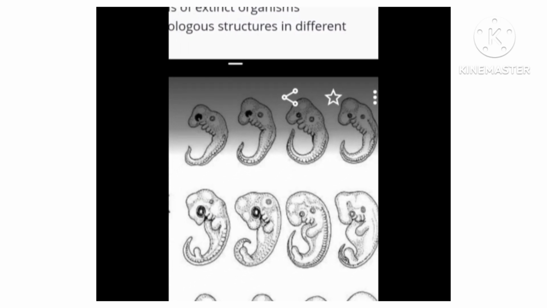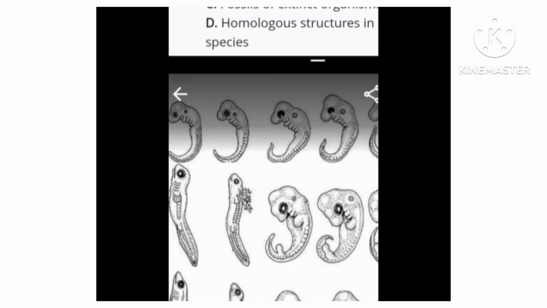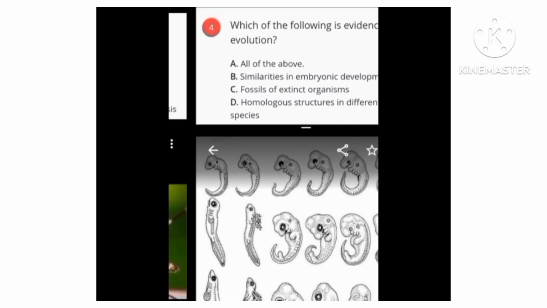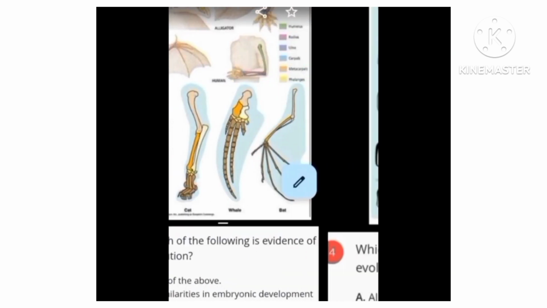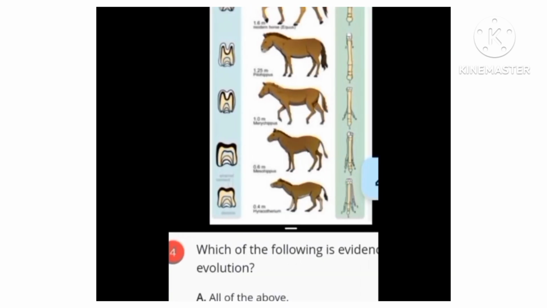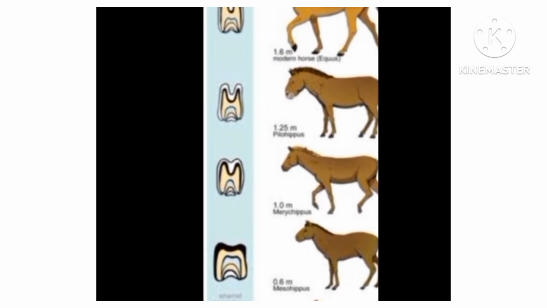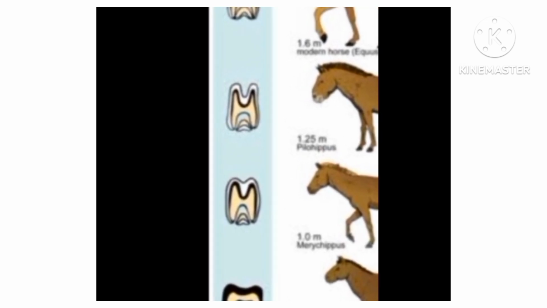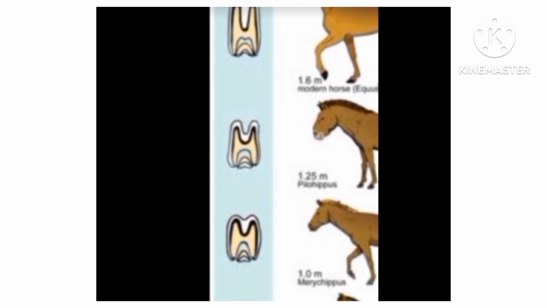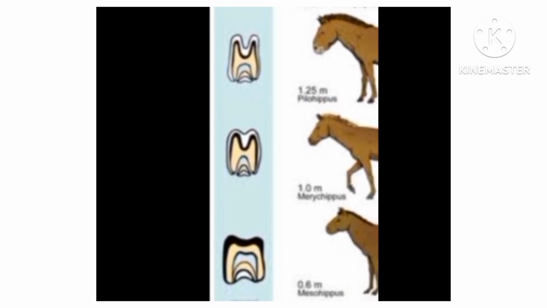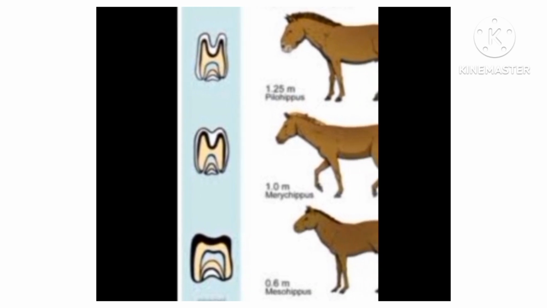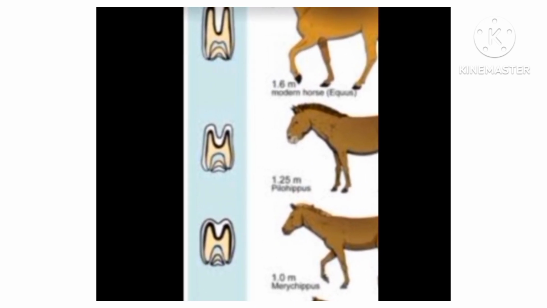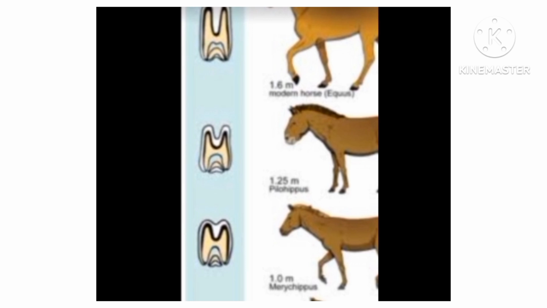Then C, fossils of extinct organisms. Now if you check out the fossils of extinct organisms, like the parts, like the teeth of an animal, you see that it's almost looking alike, especially the molar teeth from this diagram here. If you look at the molar teeth of a horse, donkey, and the host of others, you see that they look almost alike.